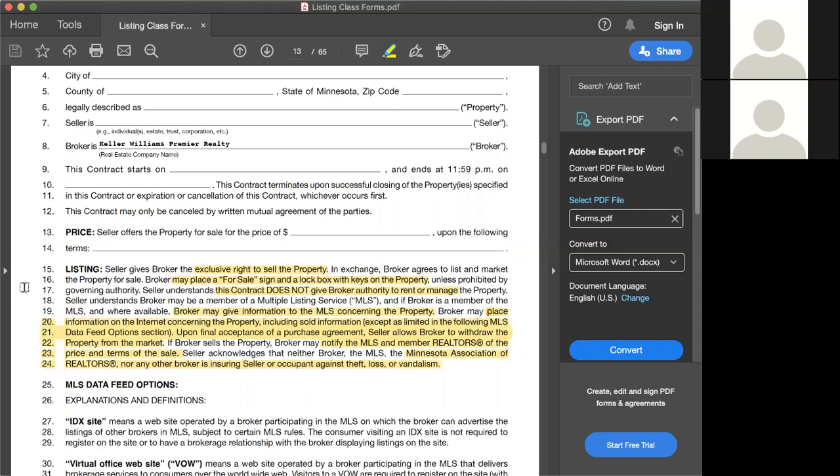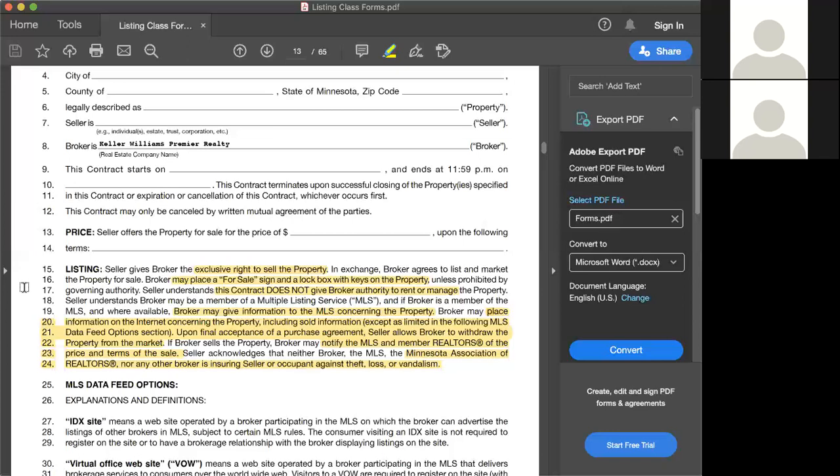When we mark it pending, it becomes kind of disabled from an active or from a public website situation. And then we're going to also notify the MLS of the price and the terms of the sale once we have it closed. Okay. And then this also says that the Minnesota Association of Realtors basically are held harmless from, we're not insuring anything in regards to the seller against theft or loss or vandalism.